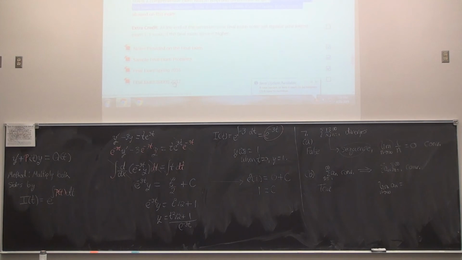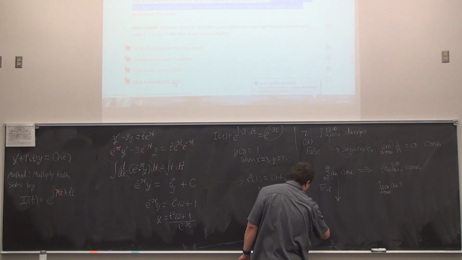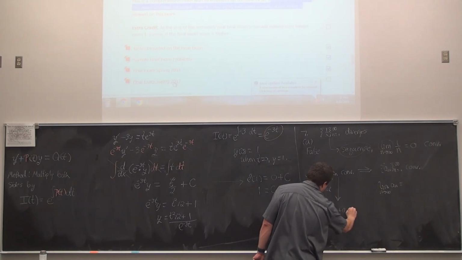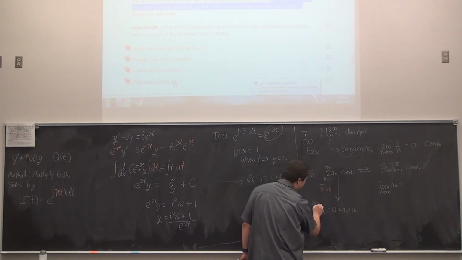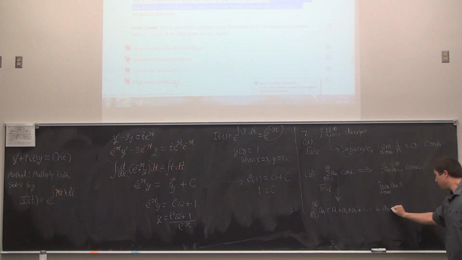There's a bit of a trick to seeing it. We were saying that this converges, but this convergence means as you go from 1 to infinity of the summation of a sub n, then a1 plus a2 plus a3, but now there's infinitely many terms, so plus all the way to a sub n plus a sub n plus 1 plus forever turns into some number.